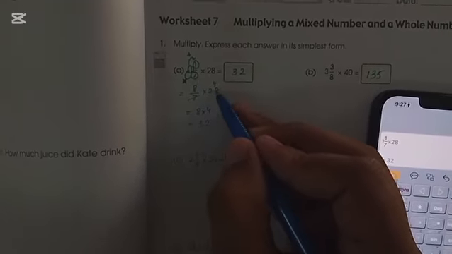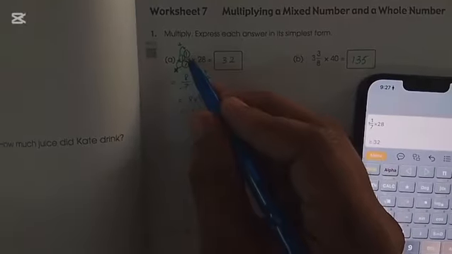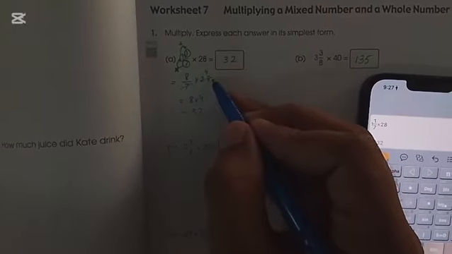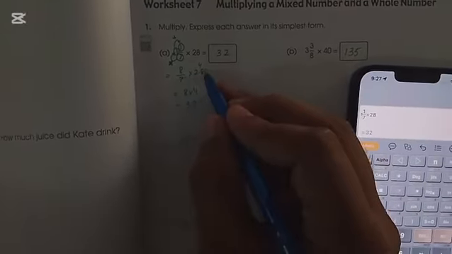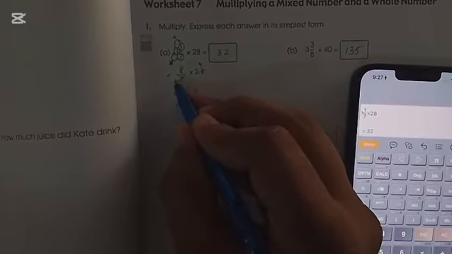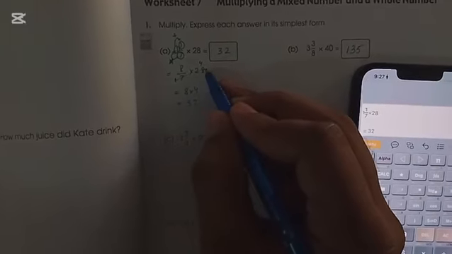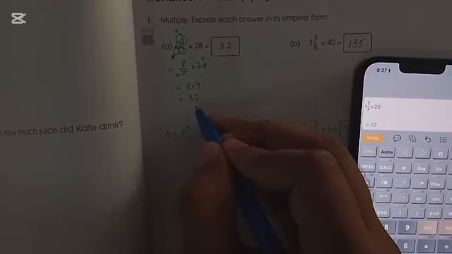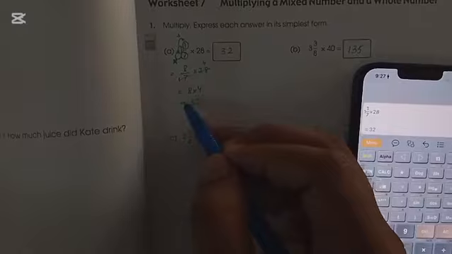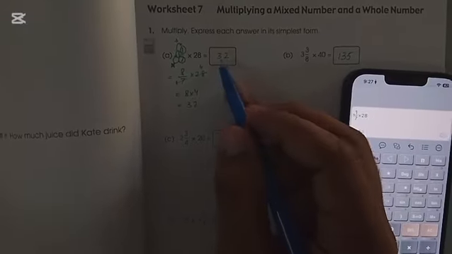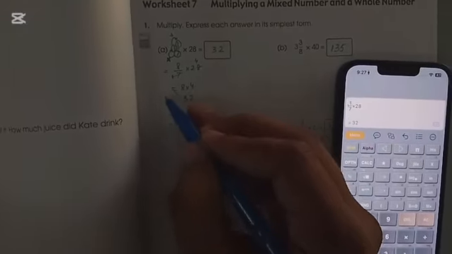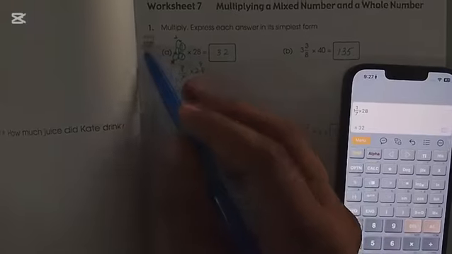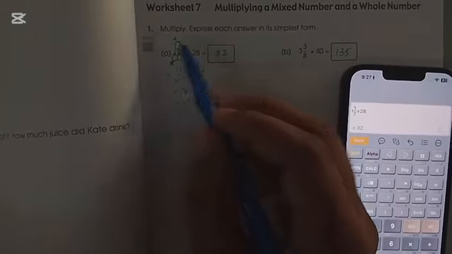Now this is 8 over 7 multiply 28. We know that 7 and 28 are in the same table of 7. 7 ones are 7 and 7 fours are 28. So we have 8 multiply 4, and 8 fours are 32. We got the same answer as on the calculator. But we do not need to solve this part manually. We can simply use the calculator.